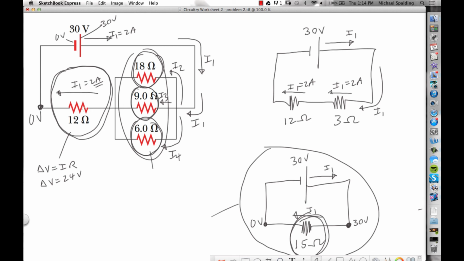If the delta V is 24 across this resistor, so 0, what must this point be? 24, in order for the delta V to be 24 there. And then what's this point right here? 30. So 30 and 24, use your subtraction skills. 6. Each of these must be 6 volts.